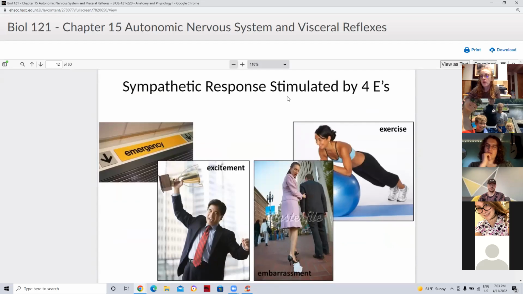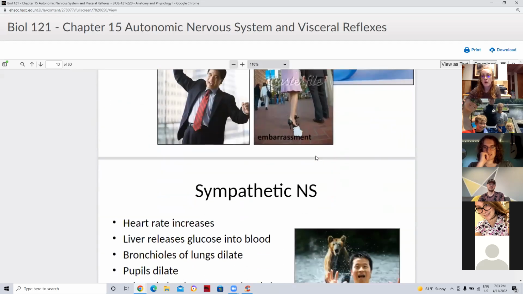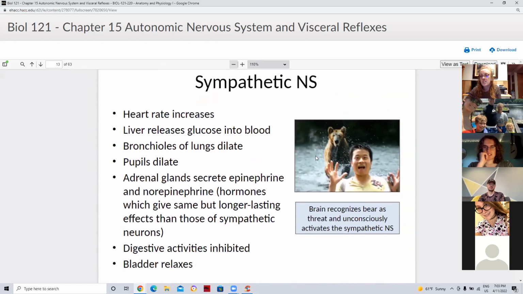So the sympathetic response is stimulated by the 4 E's: an emergency, excitement, embarrassment, or exercise. You're out hiking, you're enjoying your hike, and you see a bear. The heart rate increases. The liver is going to release glucose into the blood to allow for more glucose to reach your muscles.